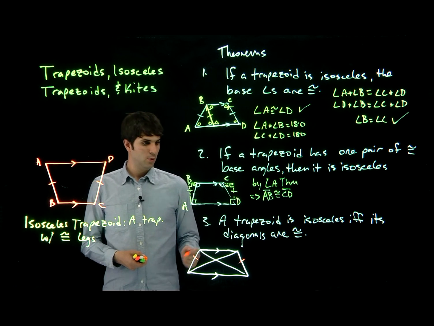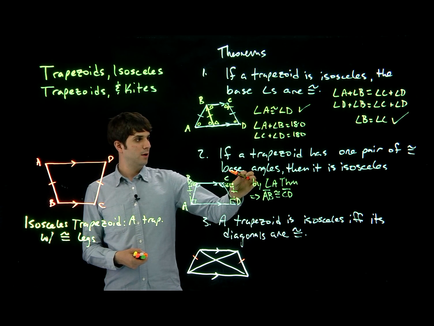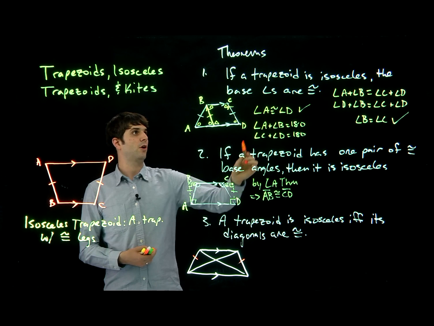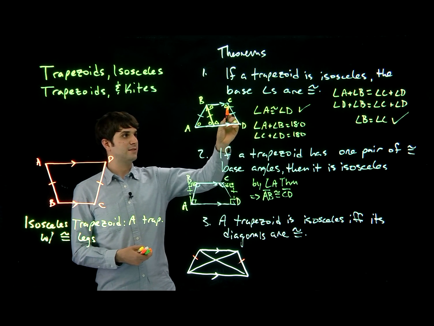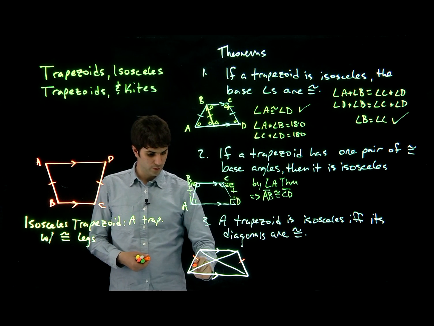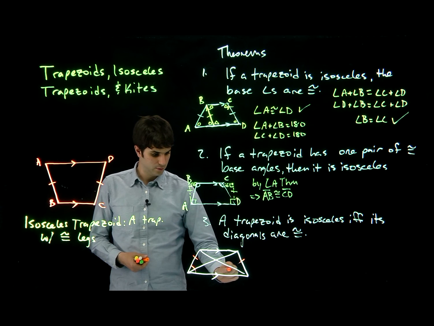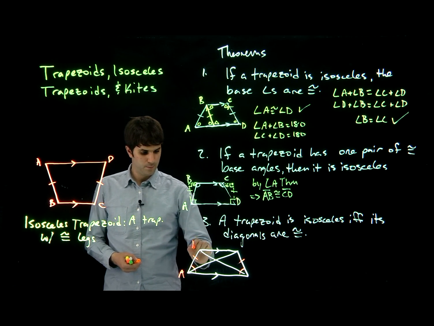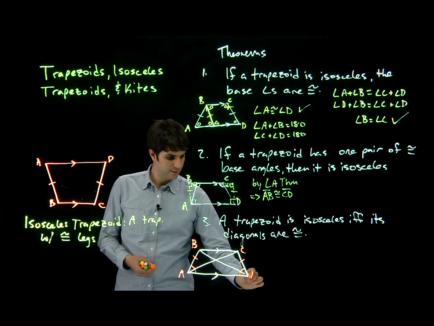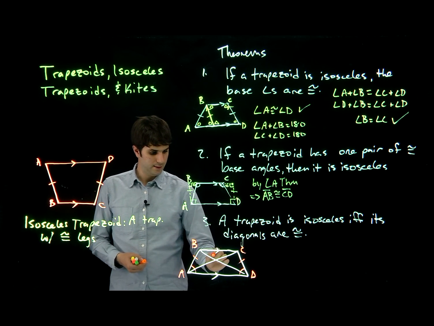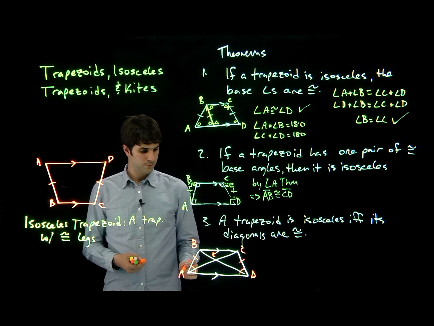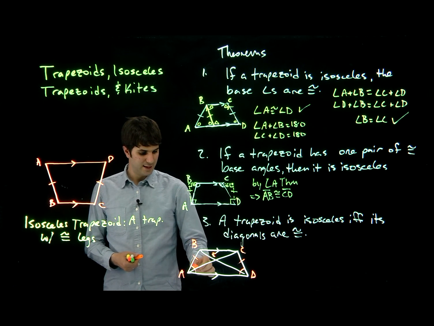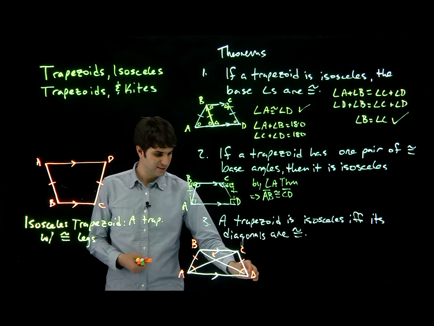We know from theorem 1, if a trapezoid is isosceles, the base angles are congruent. So we know that these angles are congruent. And let me put some letters in here: A, B, C, D, and E. So we have SAS and SAS.